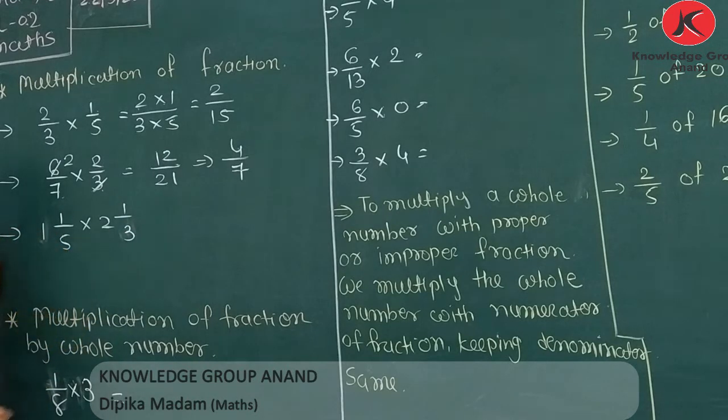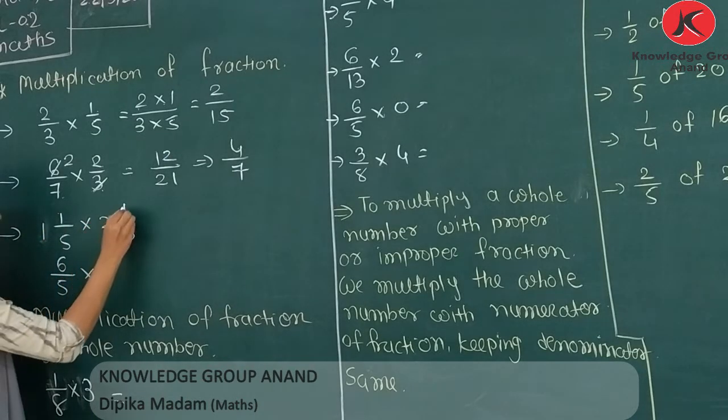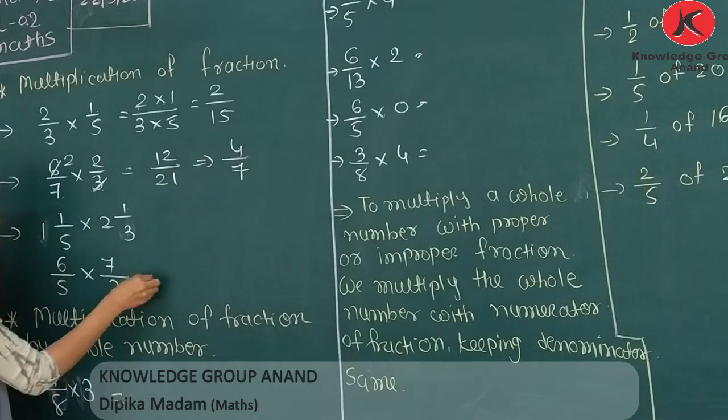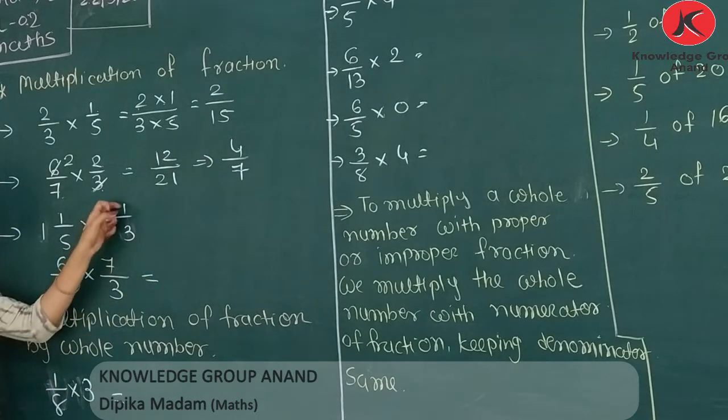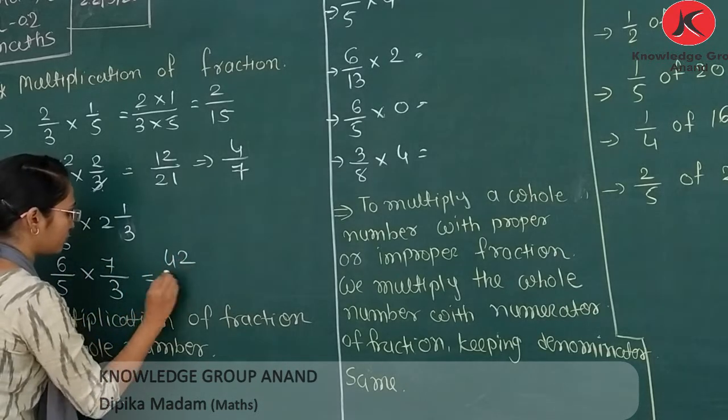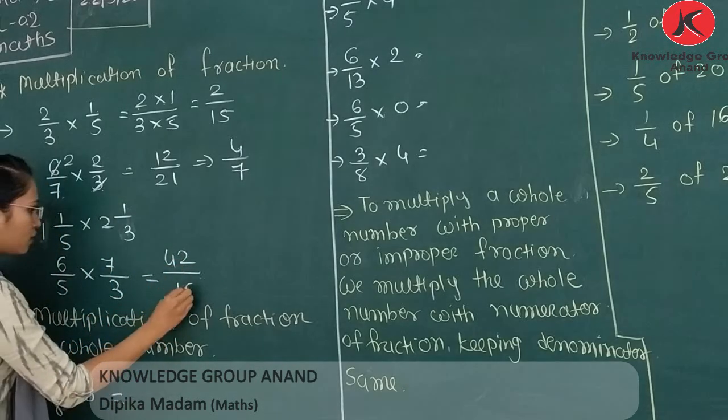Now if there is a mixed fraction, first of all you need to convert it into an improper fraction. 5 ones are 5 plus 1, 6 by 5. 2 3s are 6 plus 1, 7 by 3. Now 6 7s are 42 and 5 3s are 15.